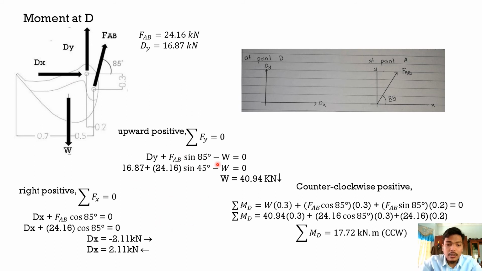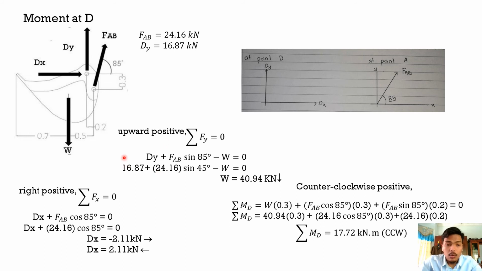Next, because we get the Dx, we need to do the summation of Fy. Summation of Fy equal to 0 according to the equation of equilibrium. This time we assume that upward is positive. So the equation will be like this: Dy plus FAB sin 85 minus the weight equal to 0.